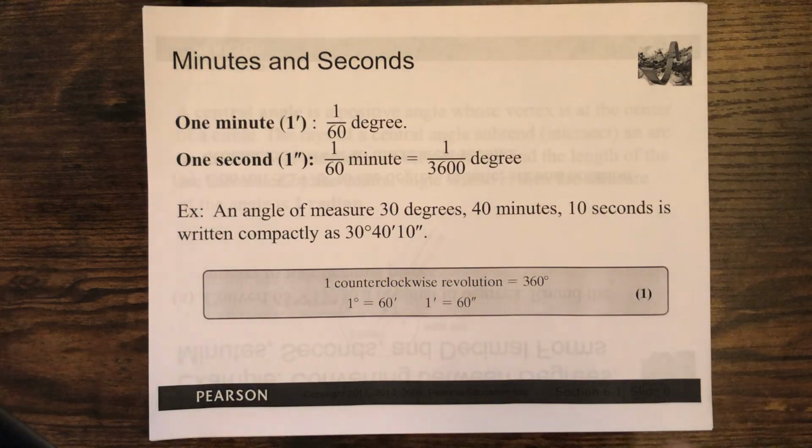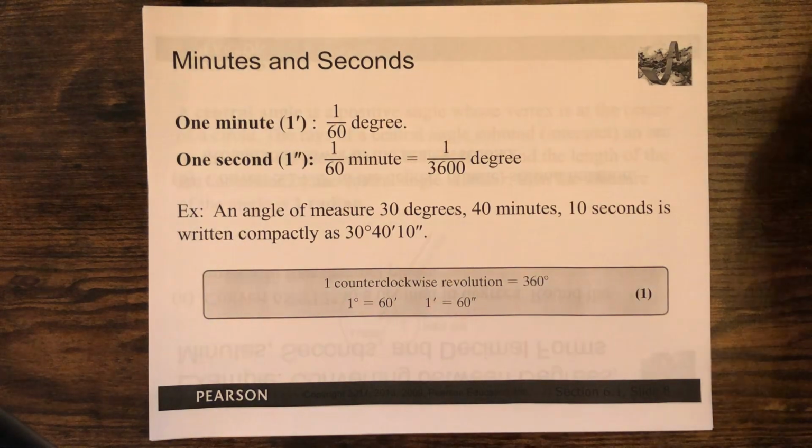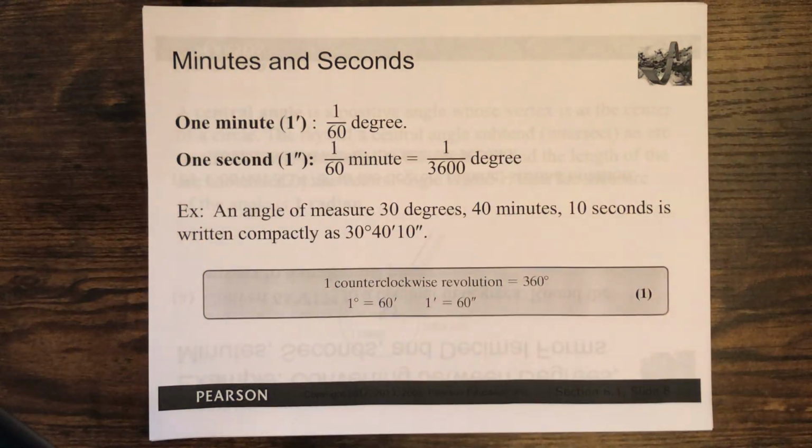All right. So like I said, something new, something that's not used a lot, but sometimes when we have a fraction of a degree, and you've seen it before, like 35.24 degrees or something like that, we could also write that fractional degree in what we call minutes and seconds.